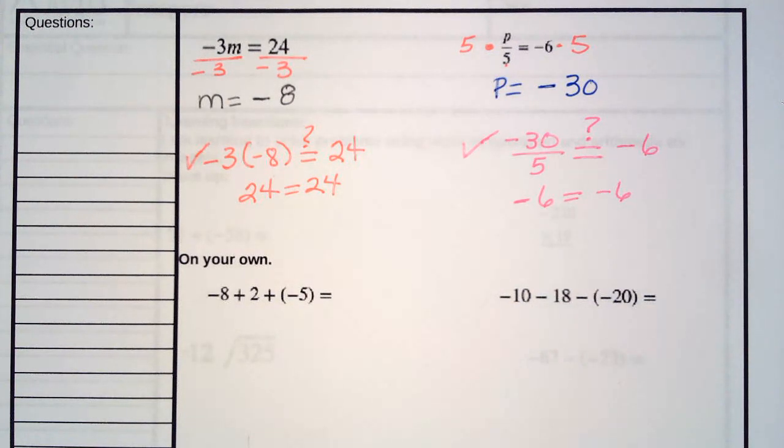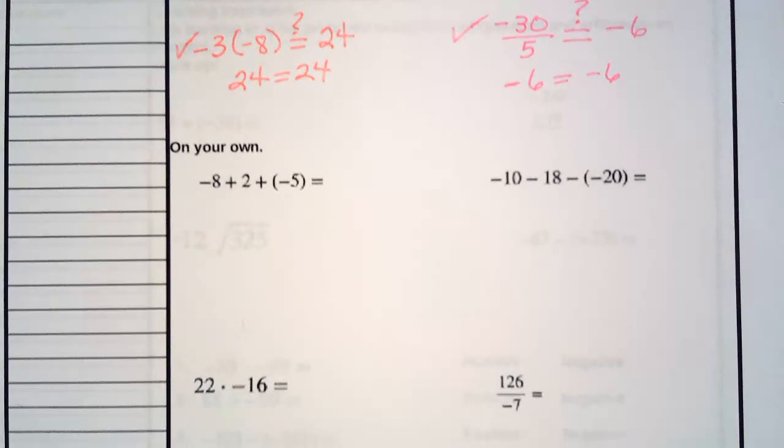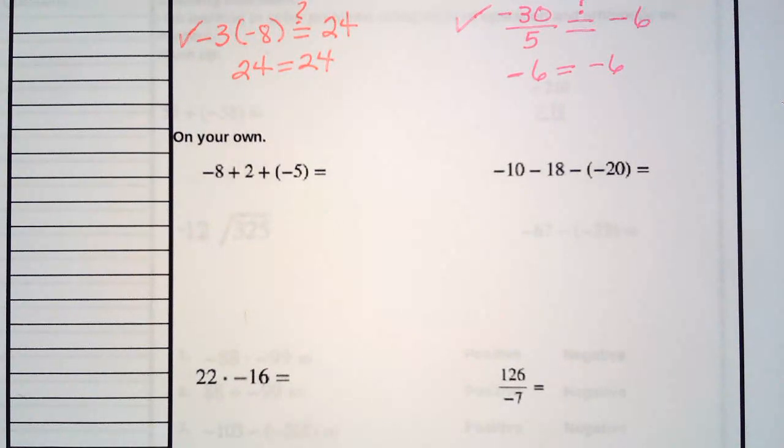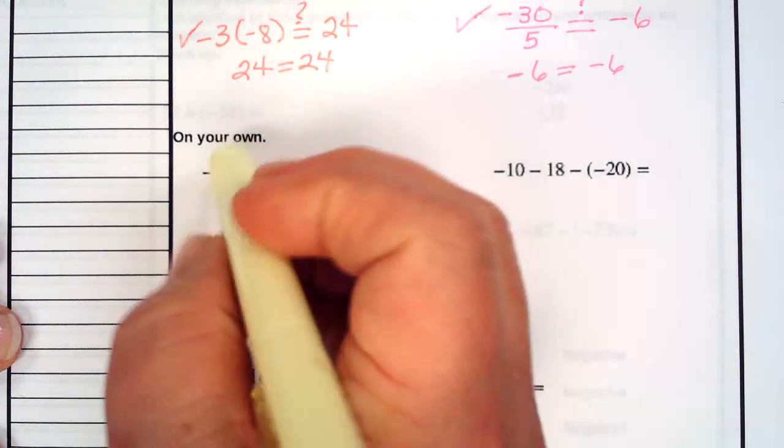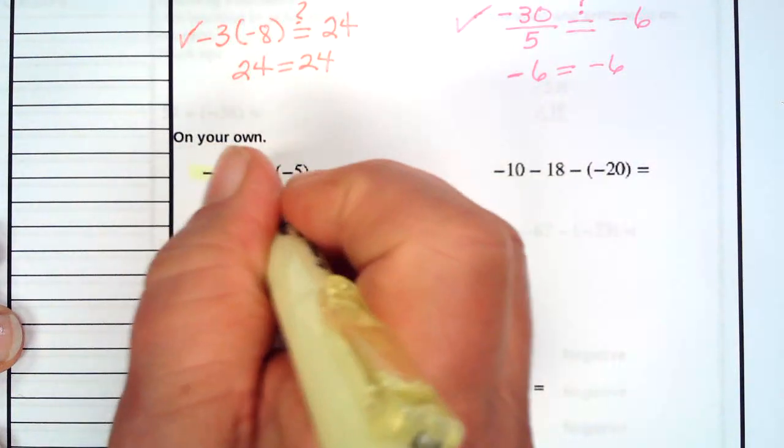Okay, we've got 4 more questions for on your own. So looking at the first 2, pause the video and see if you can do that first one on your own. Well, I do hope you tried. We combine the first 2.